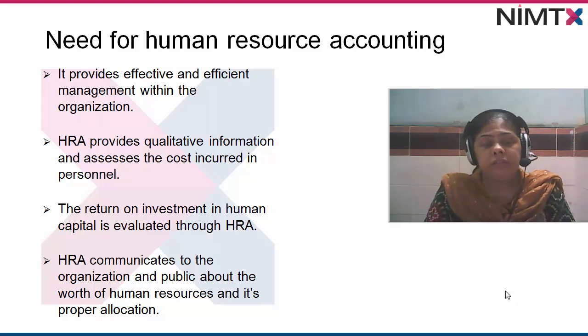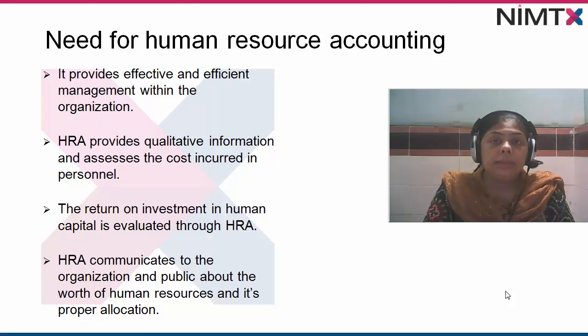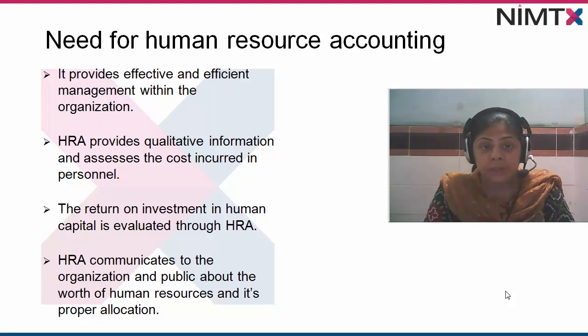It provides effective and efficient management within the organization, because the managers would understand, by looking at this data, how important an employee is for an organization. It provides qualitative information and assesses the cost incurred in personnel.